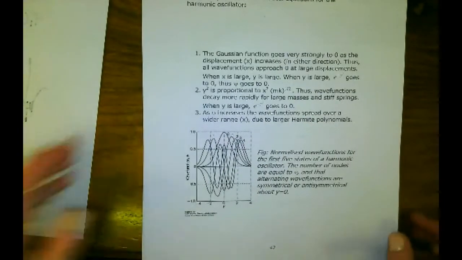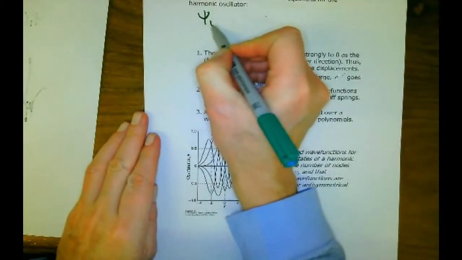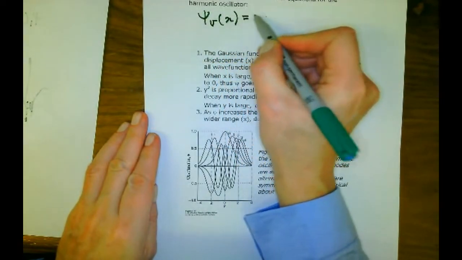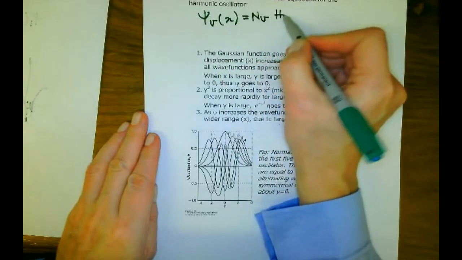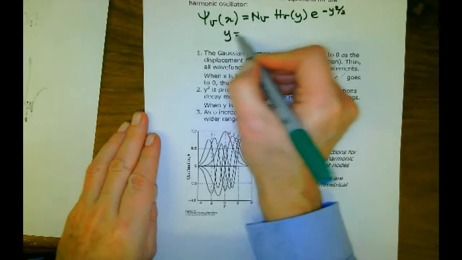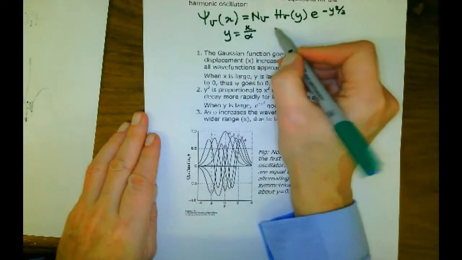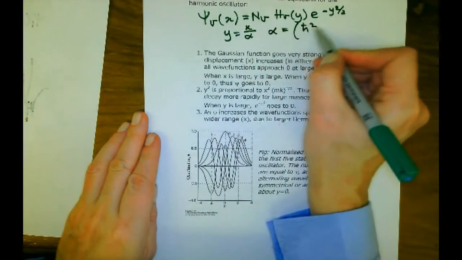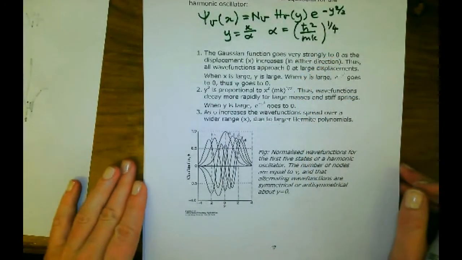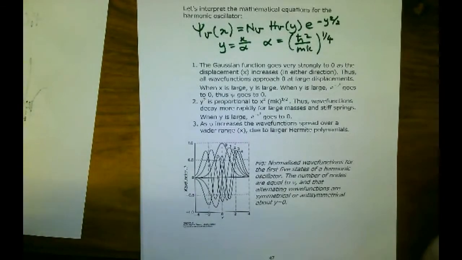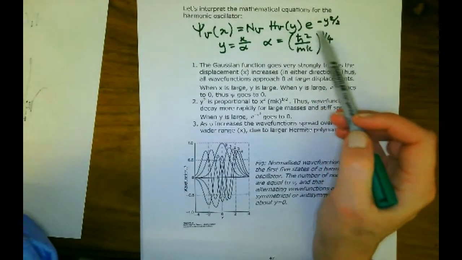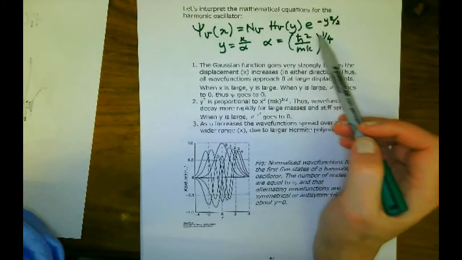Now let's have a look at the role of each of these components of the wave function. Okay, so there we have the full set of wave functions. Firstly, the Gaussian function is very important.